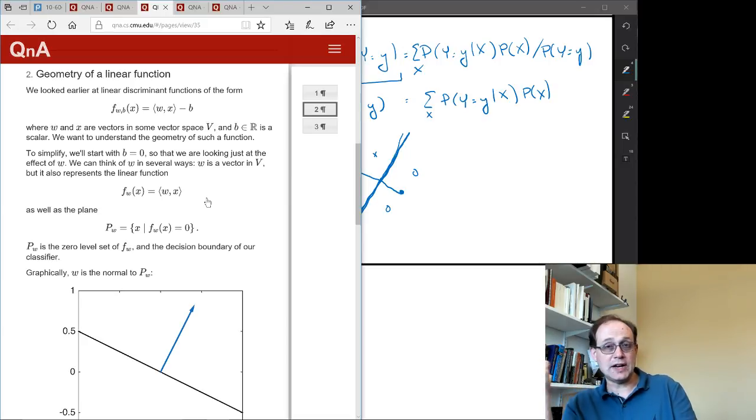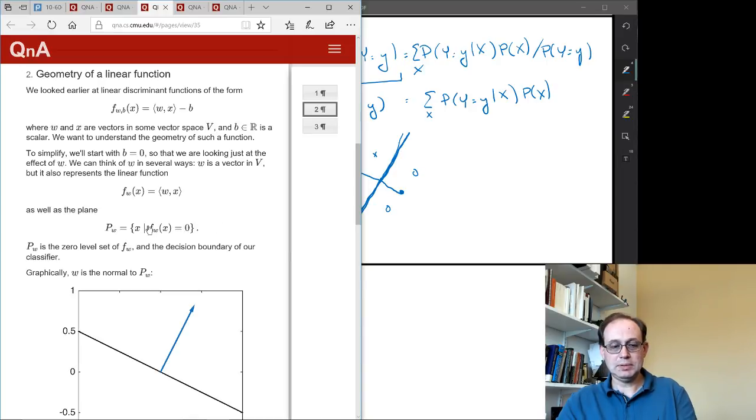One is as a vector in our vector space V, which is equal to R^n, in this case R^2. Another is as the linear discriminant function itself, w dot x, and another one is as the decision boundary, the surface where w dot x is equal to 0.